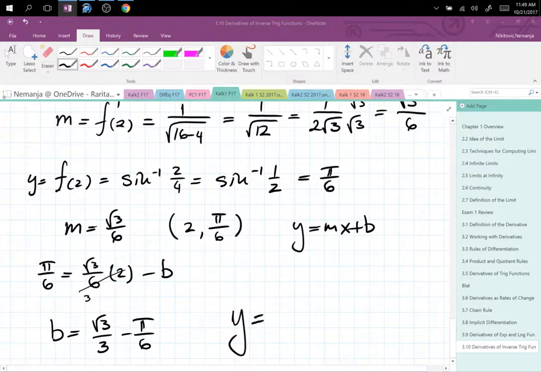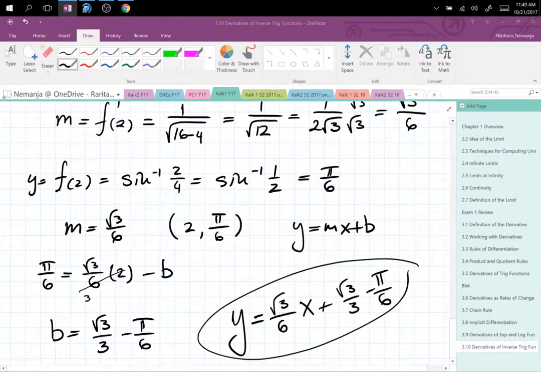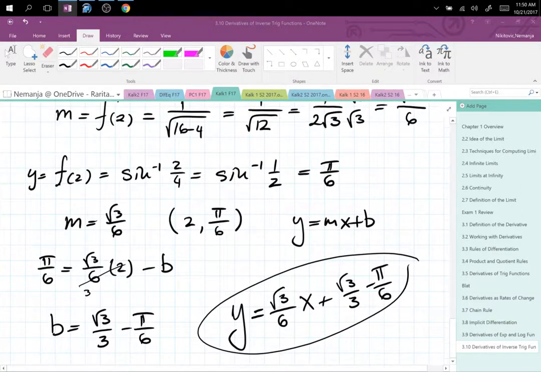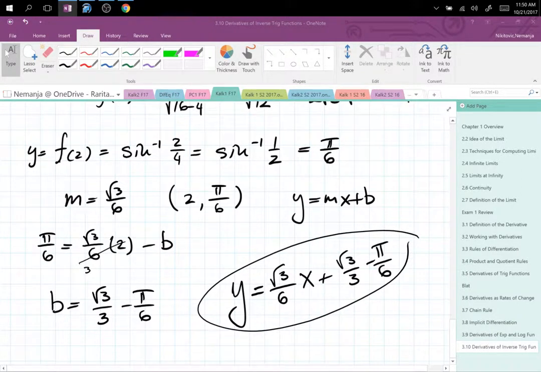So tangent line is y equals root 3 over 6 x plus root 3 over 3 minus pi over 6. That's the tangent line. Yay! Yes?